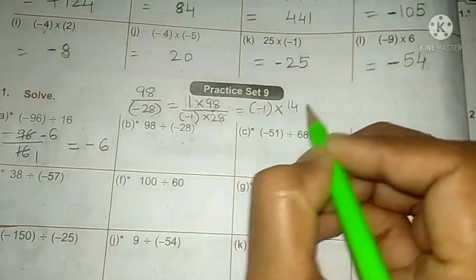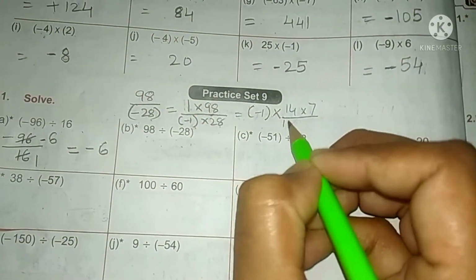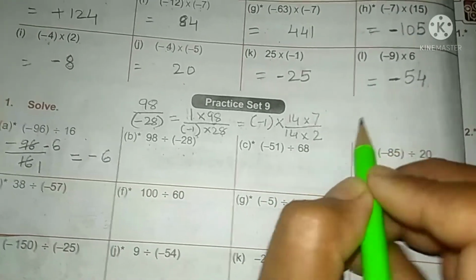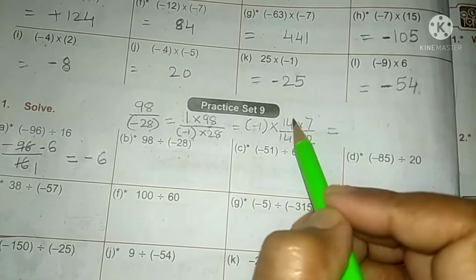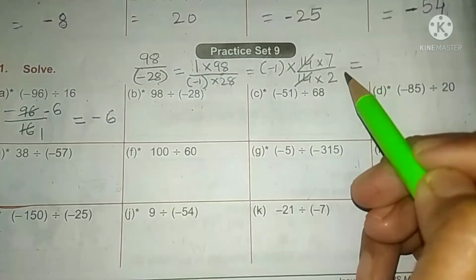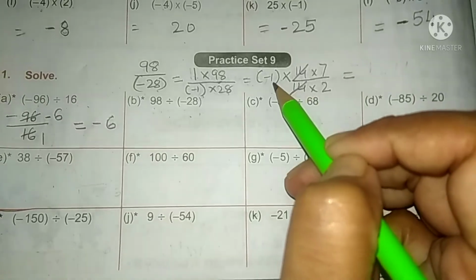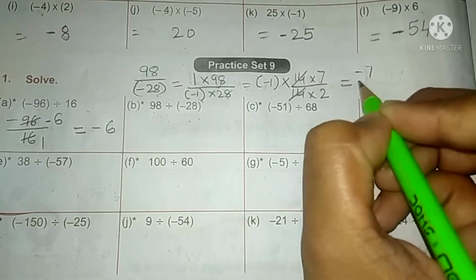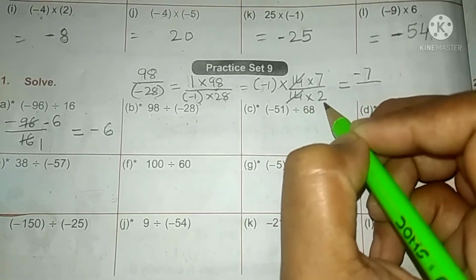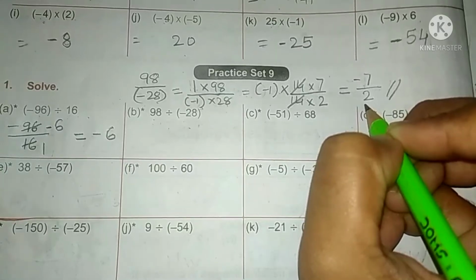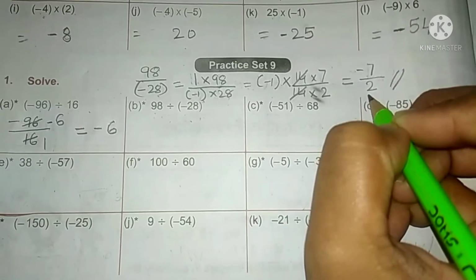That is 14 sevens are 98 and 14 twos are 28. Clear? So what will you get after dividing? 14 will get cancelled. What will remain here? Minus 1 multiplied by 7, so minus 7, and here only 2 is there. So your answer is minus 7 upon 2. Clear, students? This is how you will do it.